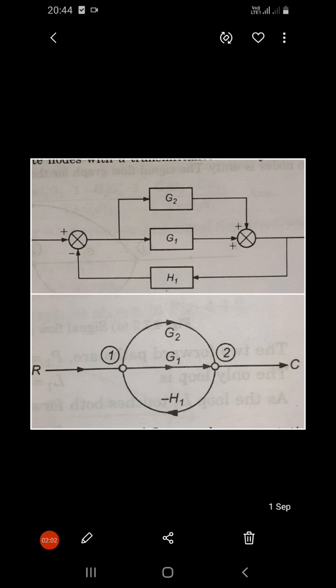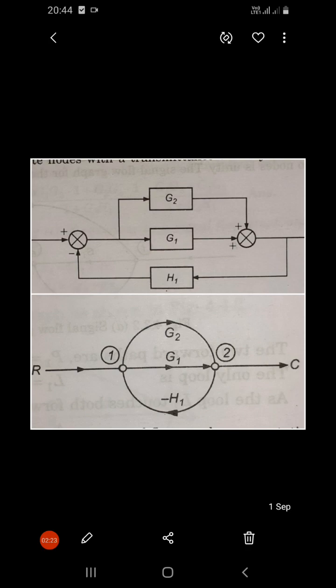This first summing point and this takeoff point we can represent by a single node. Same after the G1 block, this summing point and this takeoff point we can represent by a single node.